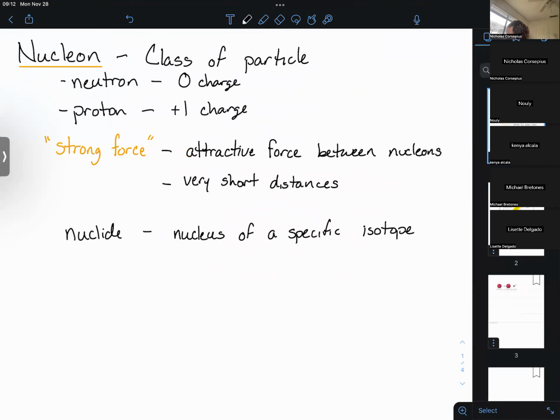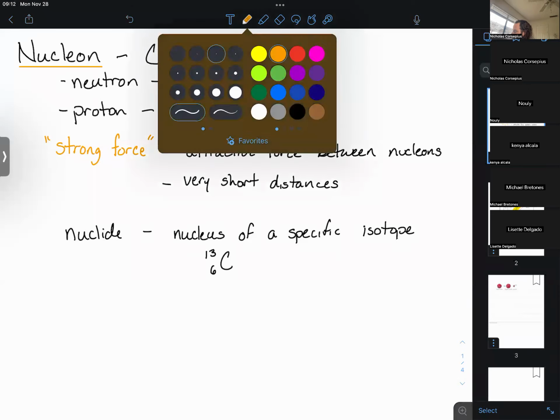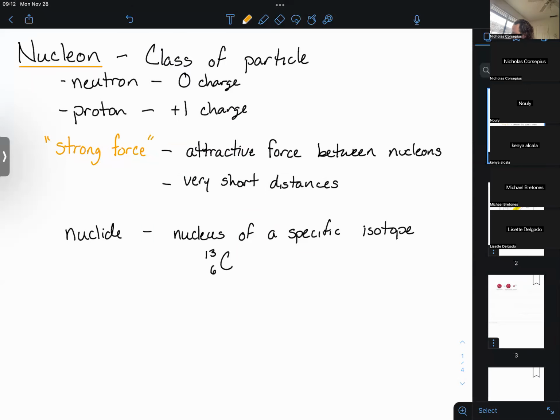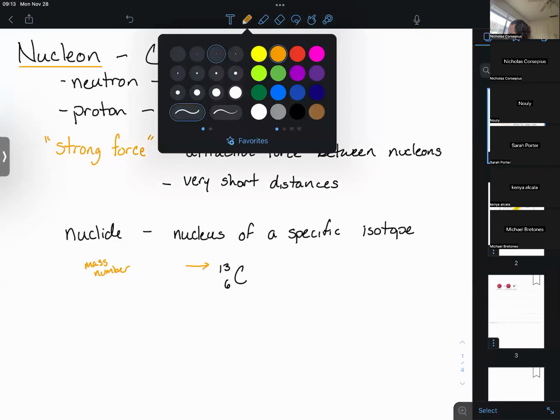So for example, if I said carbon 13, this would be considered, right? So this is just to pick apart these symbols. This number up top is what's called the mass number. And the mass number is the number of protons plus the number of neutrons.